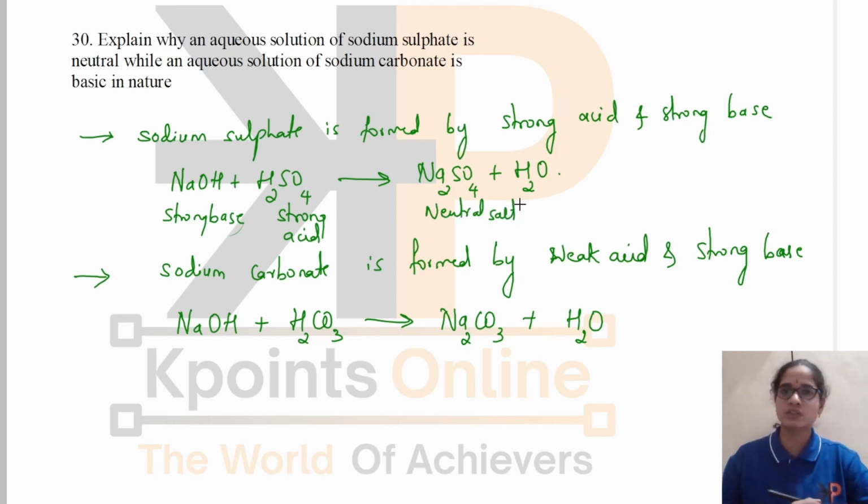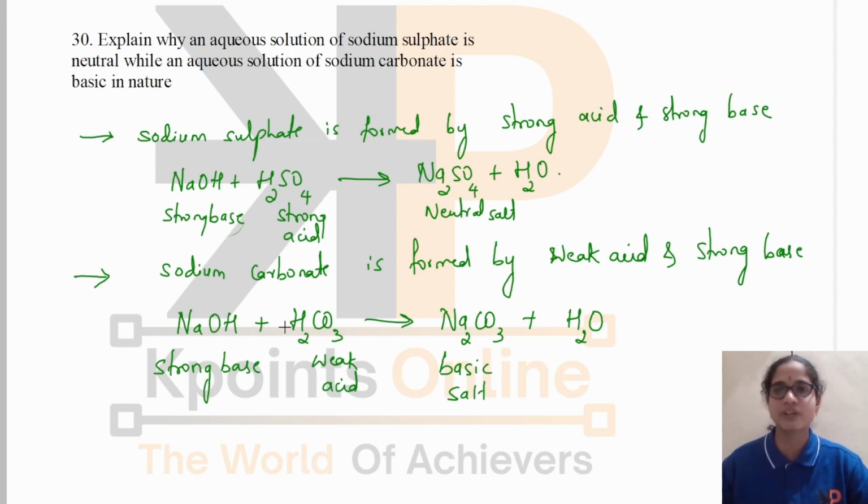Whenever there is a neutralization reaction between a strong acid and a strong base, a neutral salt is formed. But here the neutralization reaction is between a strong base and carbonic acid, which is a weak acid. So the resulting salt will be basic. You have to remember this. As carbonic acid is a weak acid and sodium hydroxide is a strong base, the neutralization reaction between them results in the formation of a basic salt, because of which sodium carbonate is basic in nature.